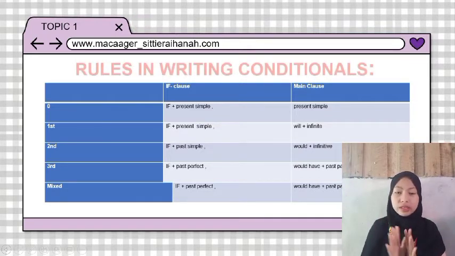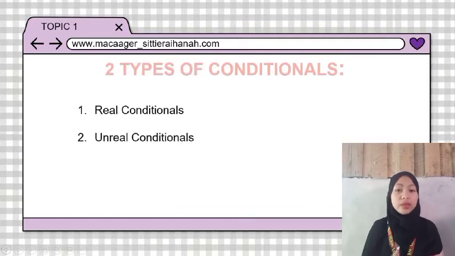These conditionals, however, are separated into two different types: the real and the unreal conditionals. Under the real conditionals are the zero and the first conditionals, and under the unreal conditionals are the second, third, and the mixed conditionals. Real conditionals express real conditions and real, possible results.